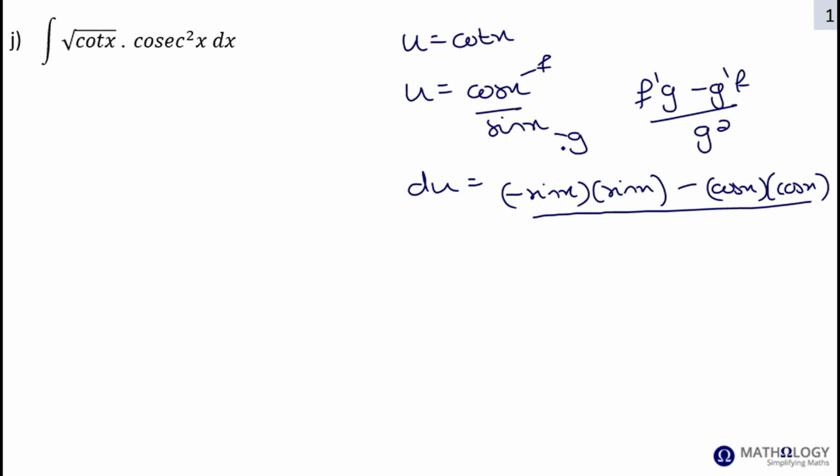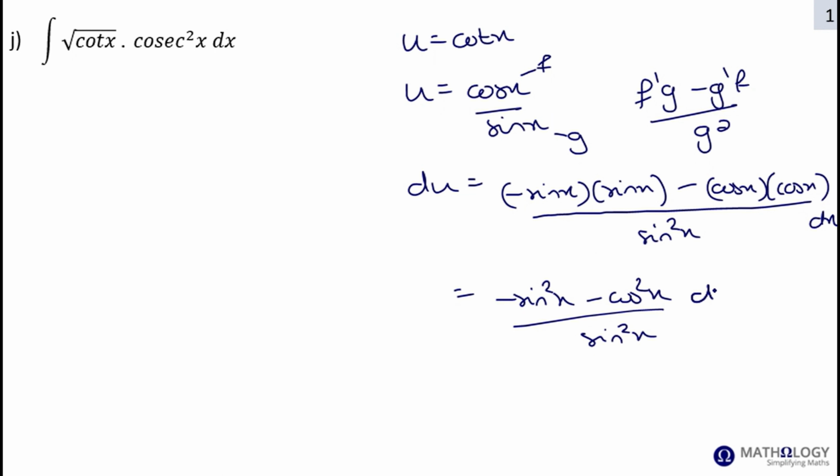So divided by sine squared x, and this is dx. So we will have minus sine squared x minus cos squared x over sine squared x dx.